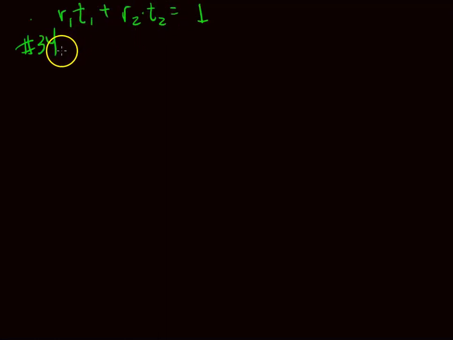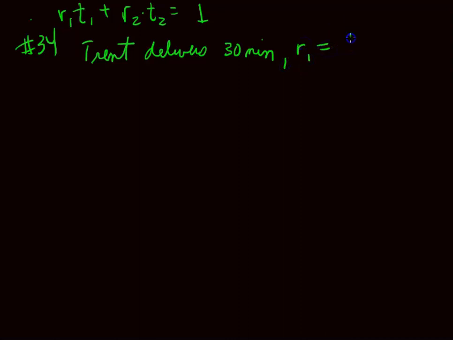So we need Trent. He delivers these papers in 30 minutes. So the rate, R1, is 1 over 30.